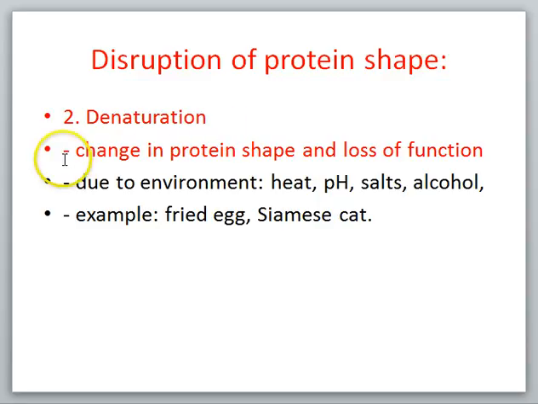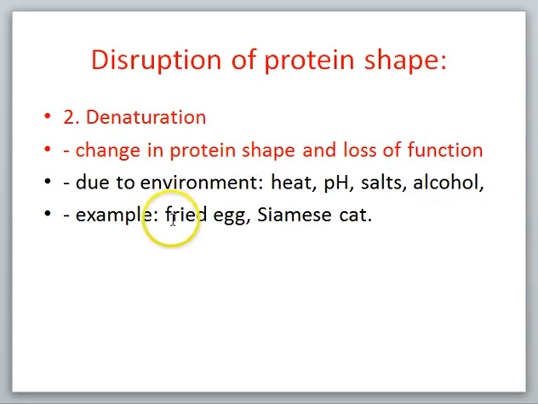So to denature a protein is to change the protein's shape and cause a loss of function. And environmental factors that can denature protein are things such as high heat, extreme pH, high concentration of salts, certain chemicals like alcohol. These can all disrupt the shape of proteins and destroy or denature those proteins.